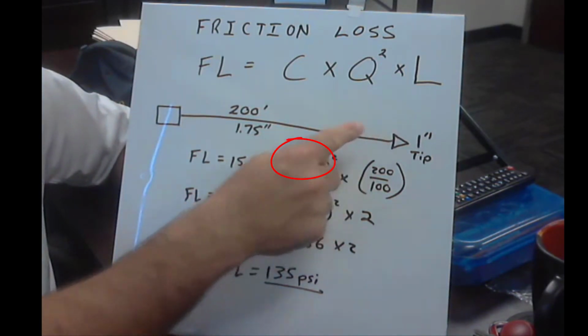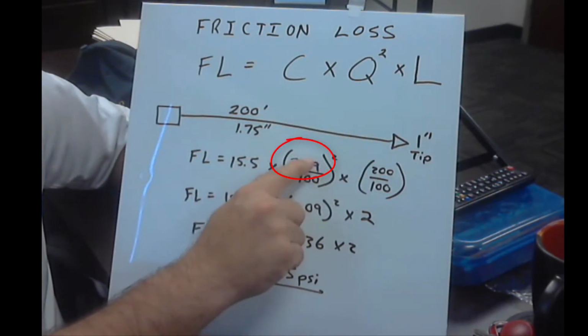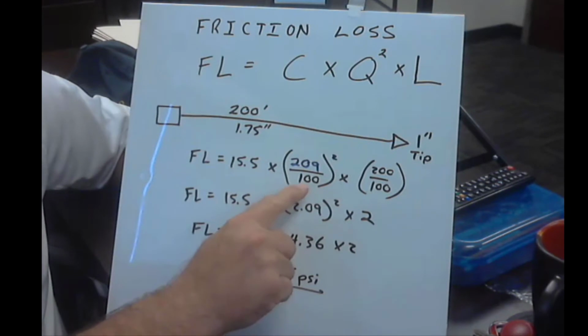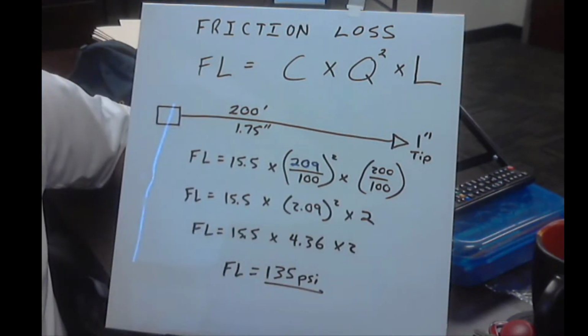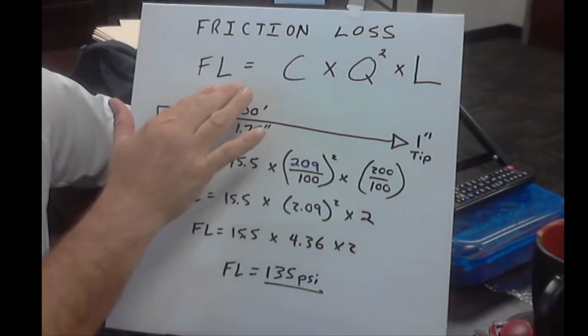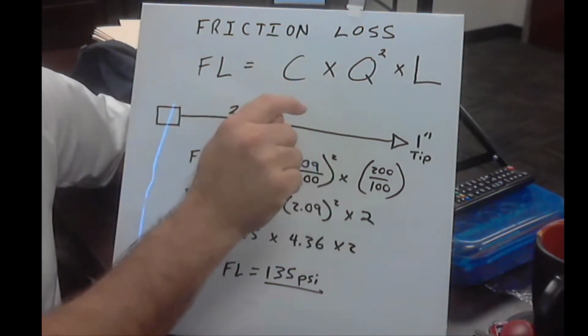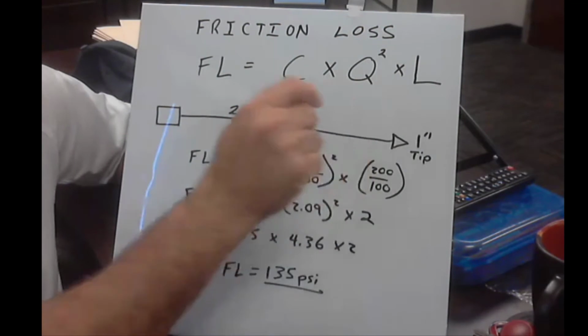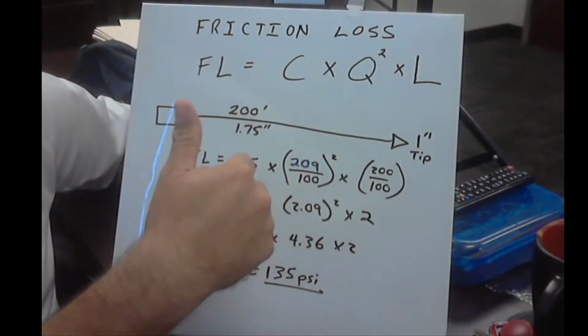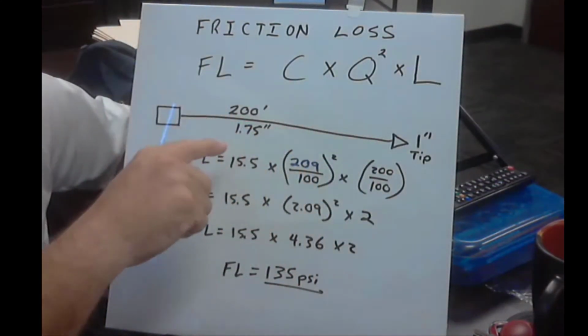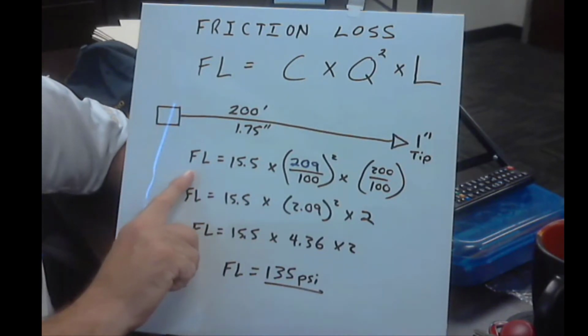So we plug in that 209 here as our quantity of water divided by 100. So as we fill in our formula, friction loss equals the coefficient of the hose times the quantity squared times the lengths of hose in every 100 foot of sections that we have, and we simply plug in those numbers.